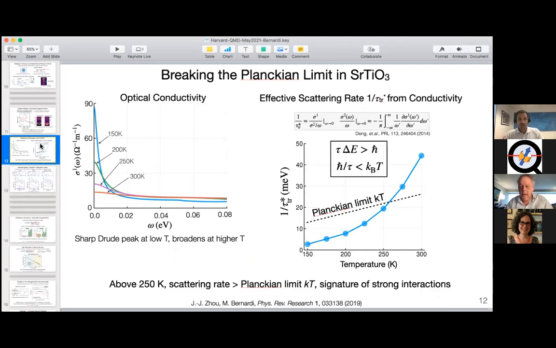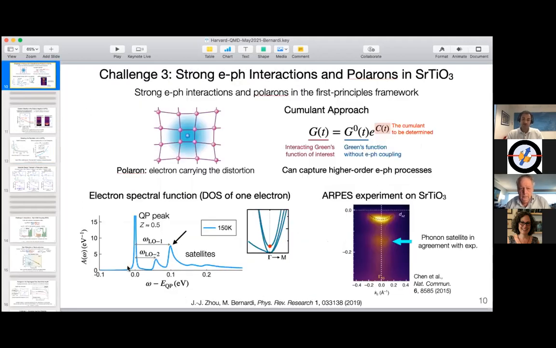So yeah, basically what's happening is that the Planckian limit is really a limit for transport in the picture where you have a particle that scatters. So that picture is the picture of the Boltzmann transport equation. It works when the spectral function is peaked and there's only a small width.